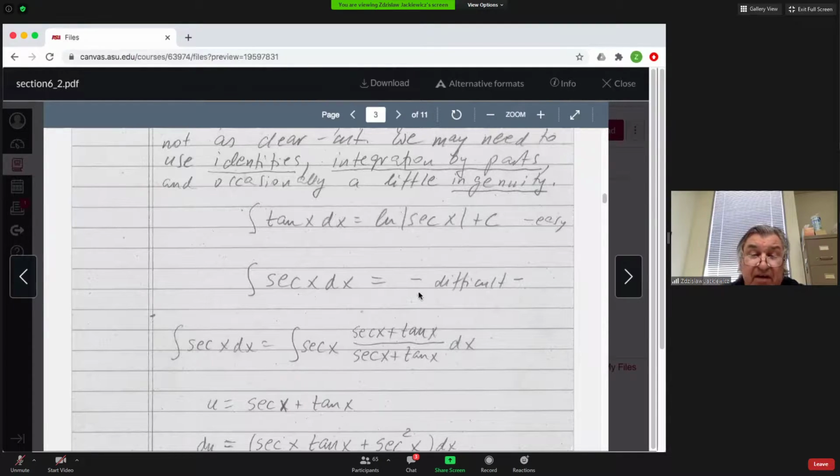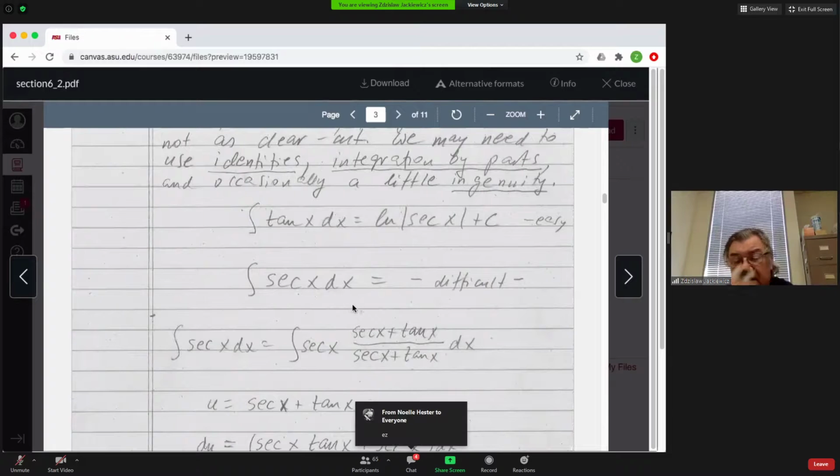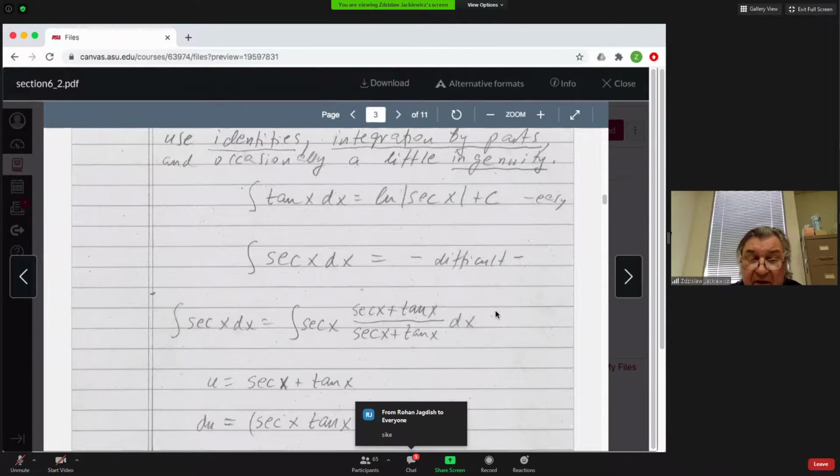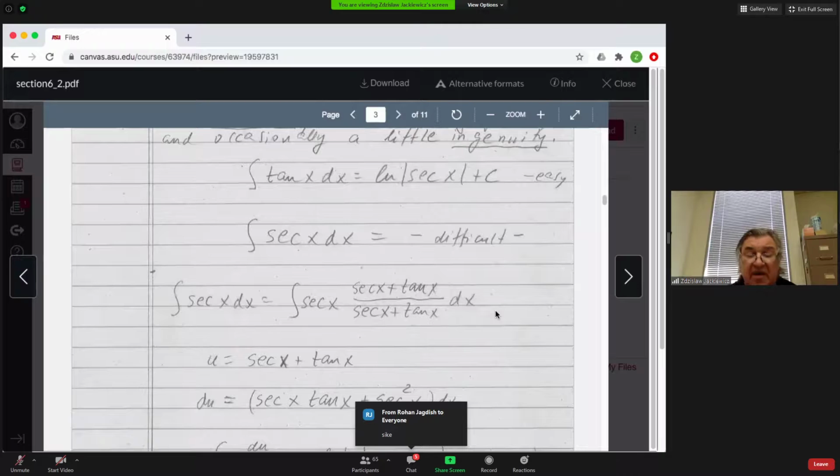That's a difficult case. We will deal with this integral in 3 different ways, as you will see here. We will get 3 different formulas. They will look different, but they will be equivalent. So the easiest way, but it's difficult to figure out this trick.